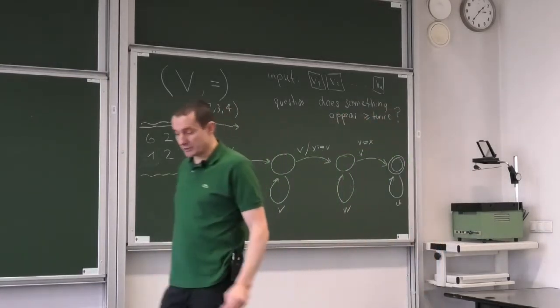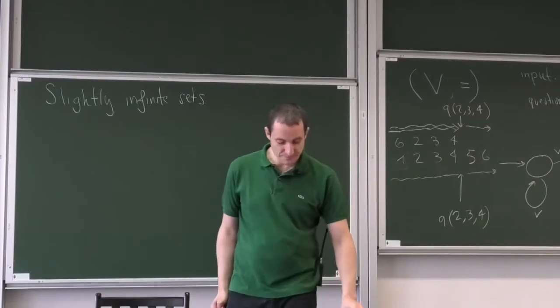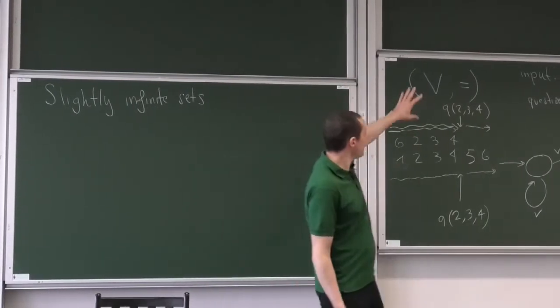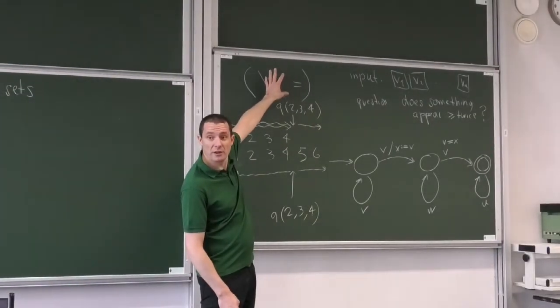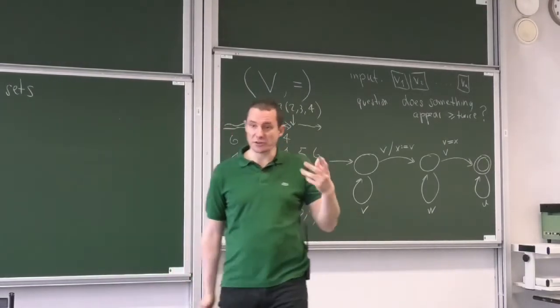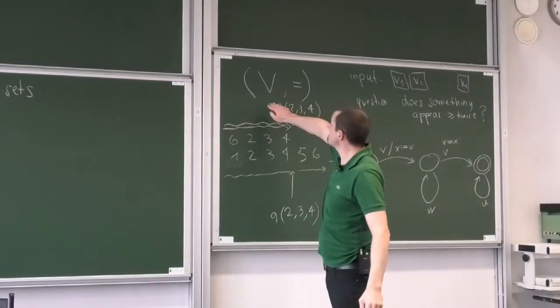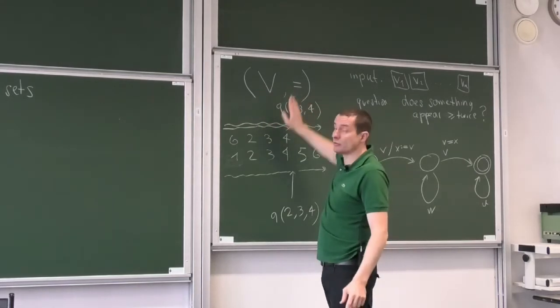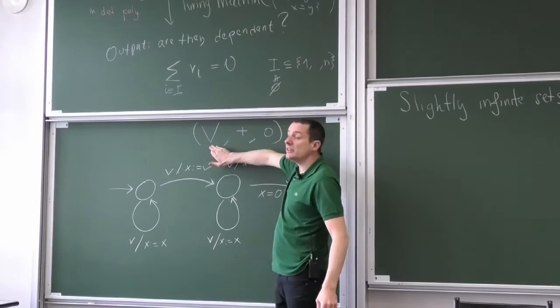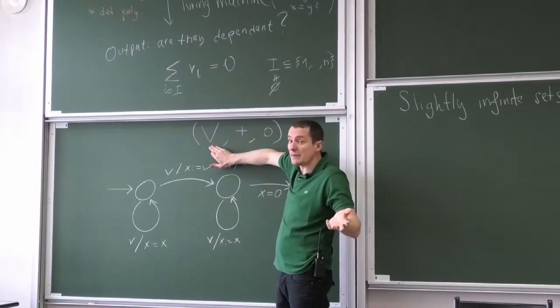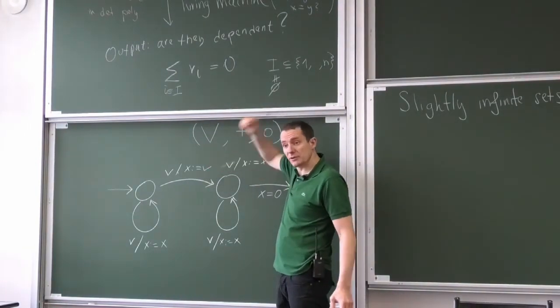So what is the situation? What we have here is we start with some kind of data that we're allowed to operate on. We model it as a structure. It's typically infinite. So here there's infinitely many data values equipped with equality. Here there's an infinite dimensional vector space over the two-element field.